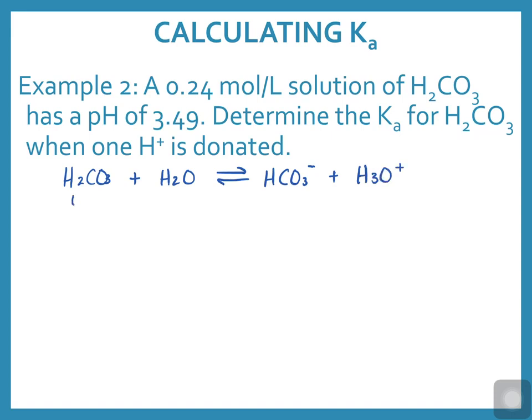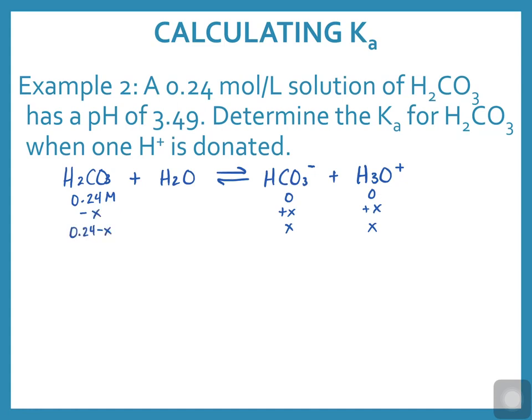I know that I have 0.24 molar to start with. At the very beginning I don't have any of those. And then I have a 1-to-1 ratio here, and this is also a 1-to-1 ratio.